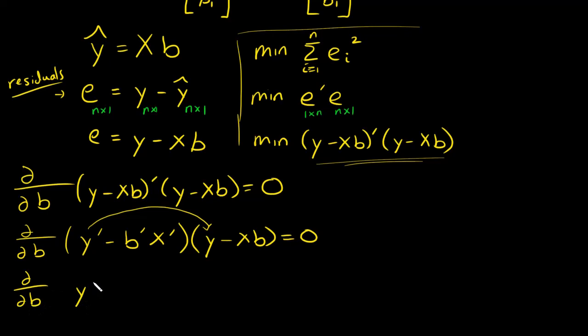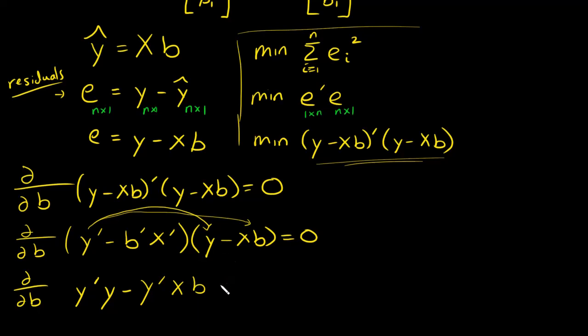All right, so I'll have y transpose times y. Then I'll have y transpose times, so that's positive and negative, so that makes minus y transpose times xb, right?